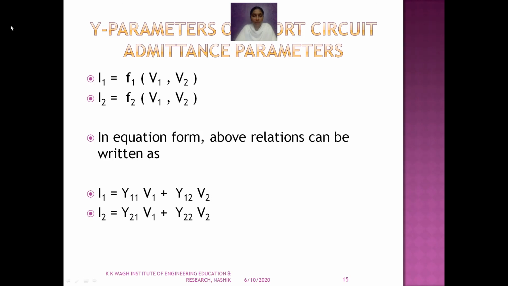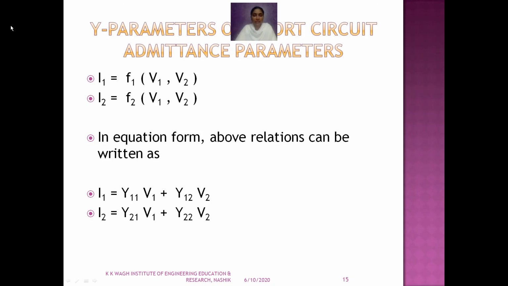These Y parameters are also called short circuit admittance parameters. I1 and I2 are the functions of V1 and V2. Again, you know V1 is the voltage at port 1, V2 is the voltage at port 2, I1 is the current entering port 1 and I2 is the current entering port 2.